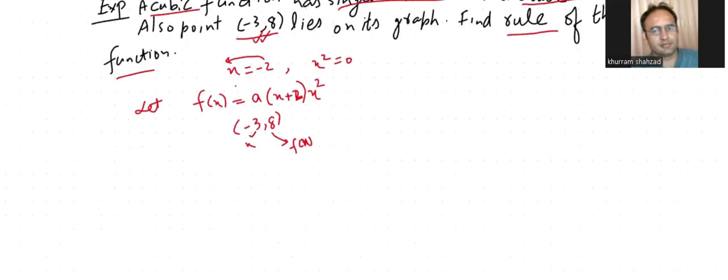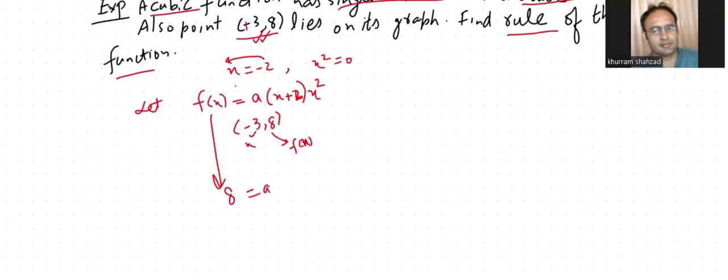This f of x is equal to 8. We will write here 8 equals a times... this point is 3, not negative 3. This is plus 3.